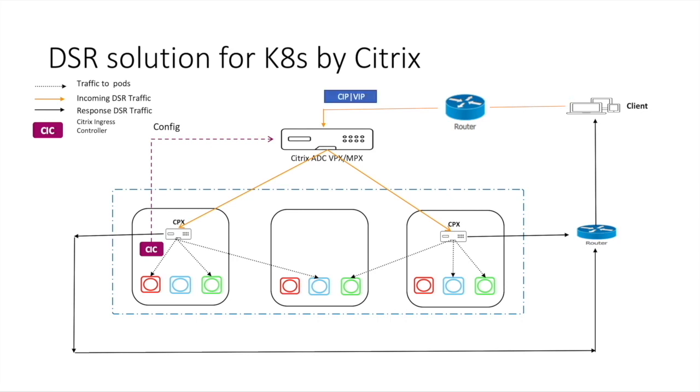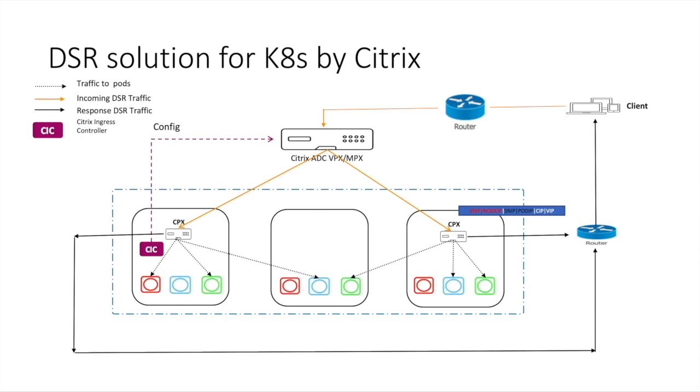When this packet reaches the ADC, it does the load balancing, chooses one of the servers and adds two layers of information. The outer layer is about how to reach the node, which is based on the VXLAN tunnel. And the inner layer is about how to reach the pod, which is based on an IP tunnel.